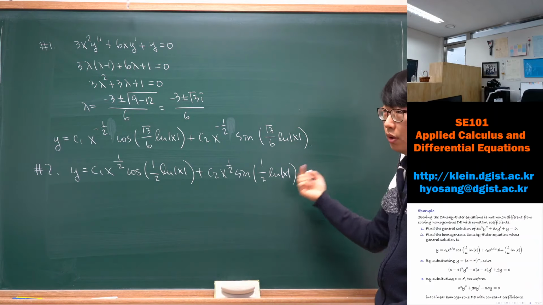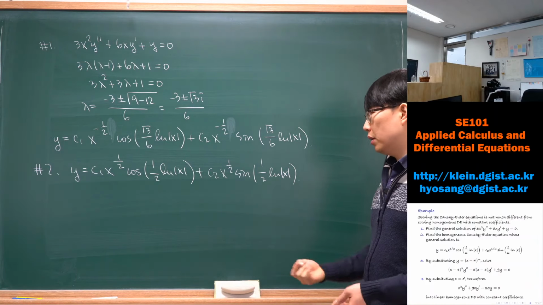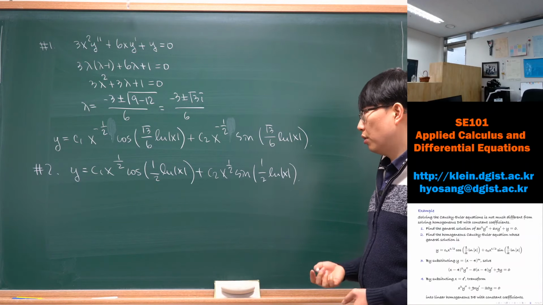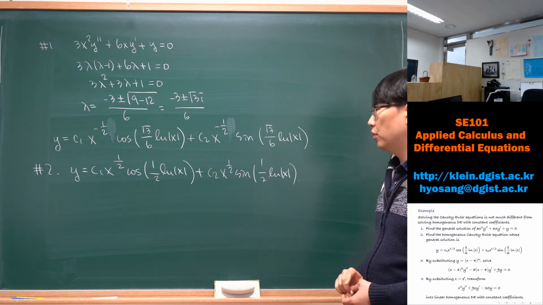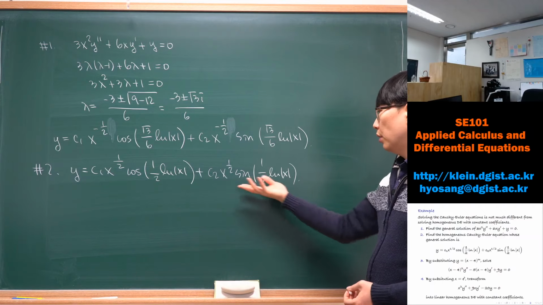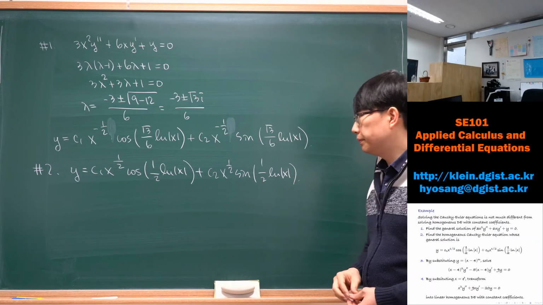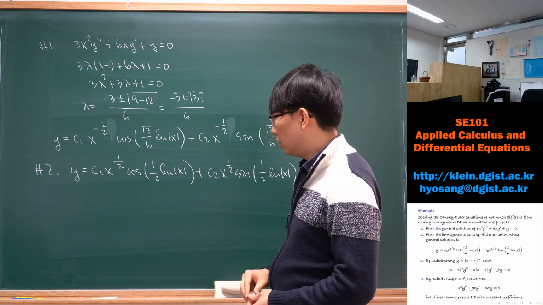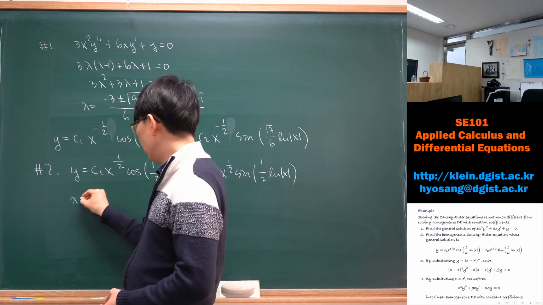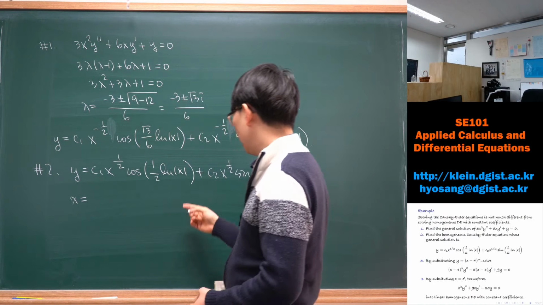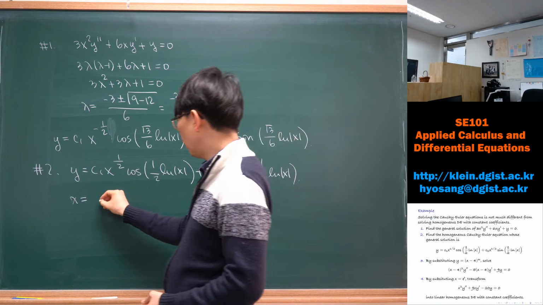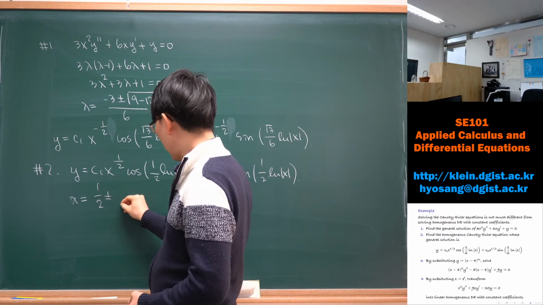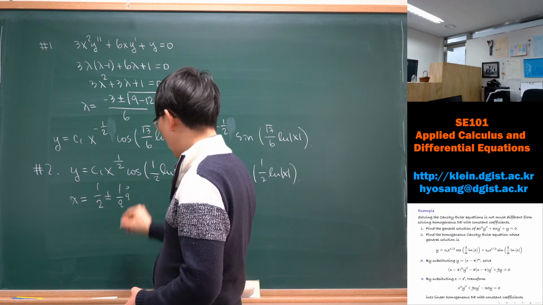The question is, find a homogeneous differential equation, which is a Cauchy-Euler equation if you look at the form of the solution, whose solution is of this form. Basically, you can guess that this is obtained from the roots of the characteristic polynomial, and the roots are of this form, 1/2 plus or minus 1/2 i, right?